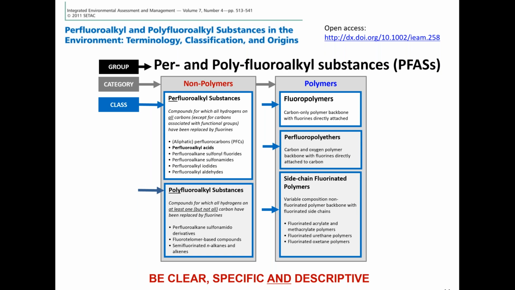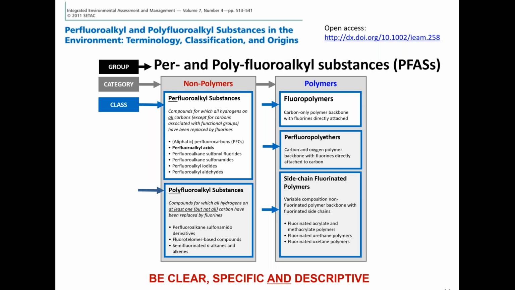On the left-hand side, for the non-polymers, perfluoroalkyl substances, things that contain fluorine attached to carbon and nothing else other than functional groups. And polyfluoroalkyl substances where maybe some of those carbons have other things on them, like hydrogen.